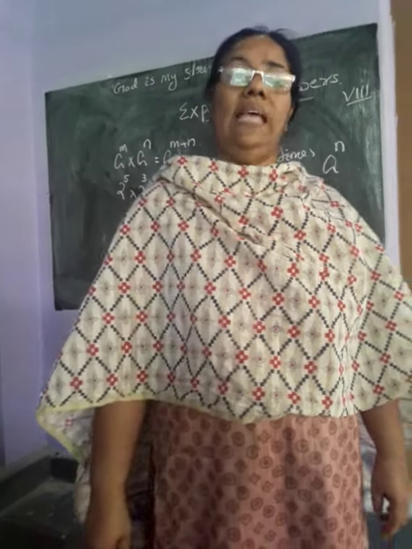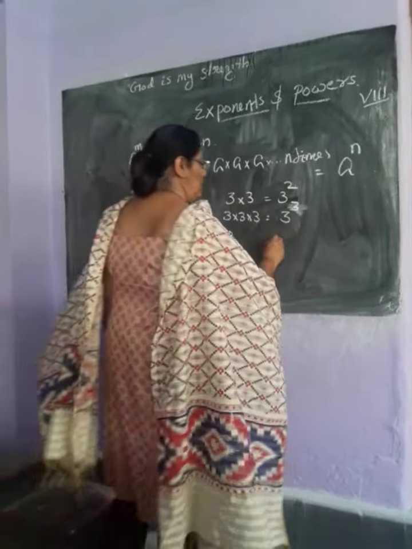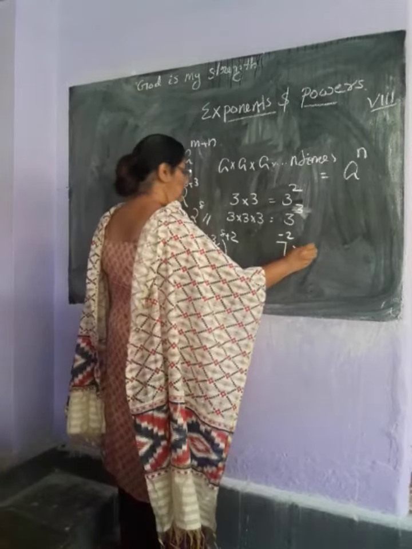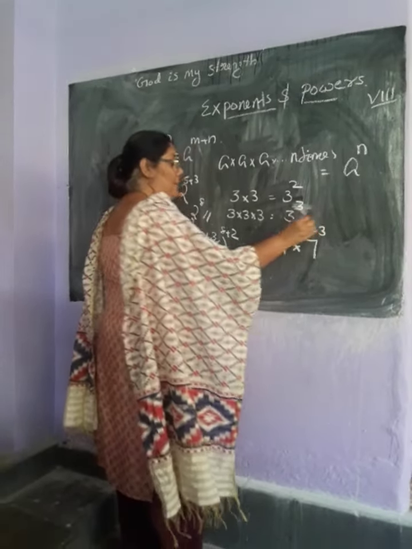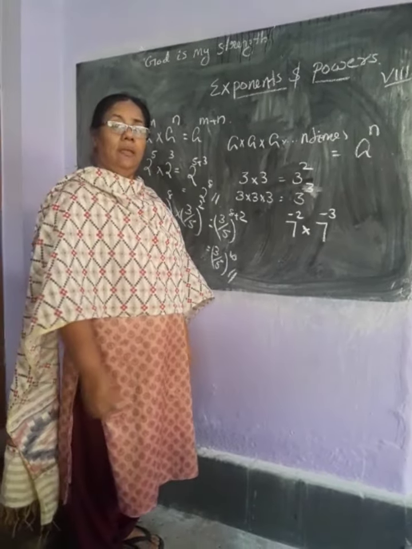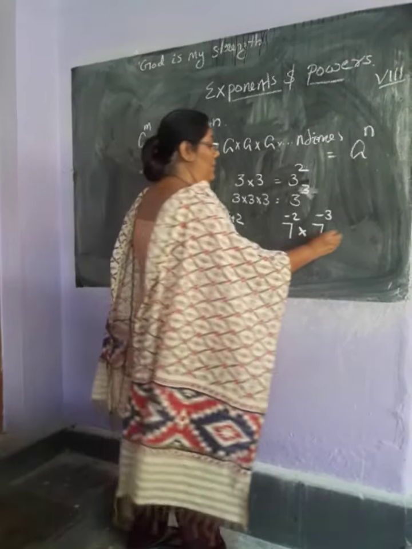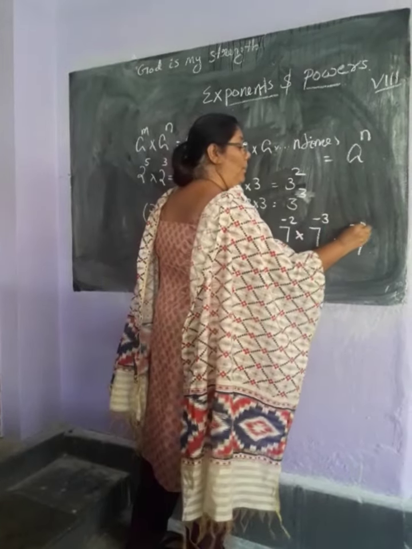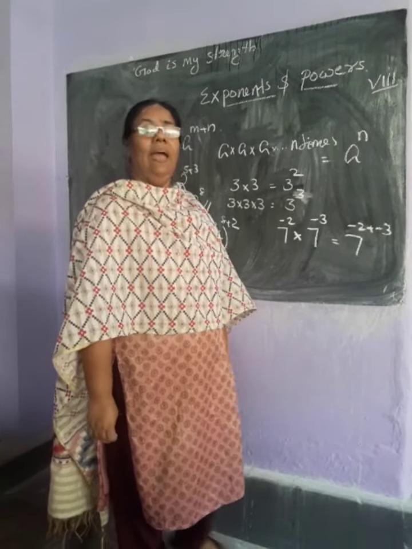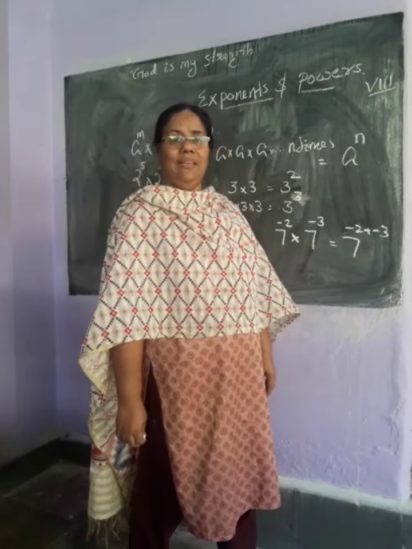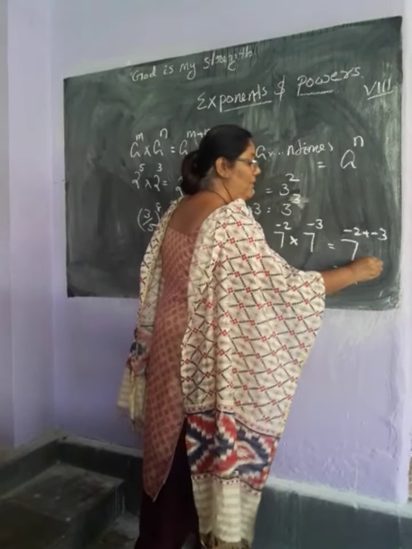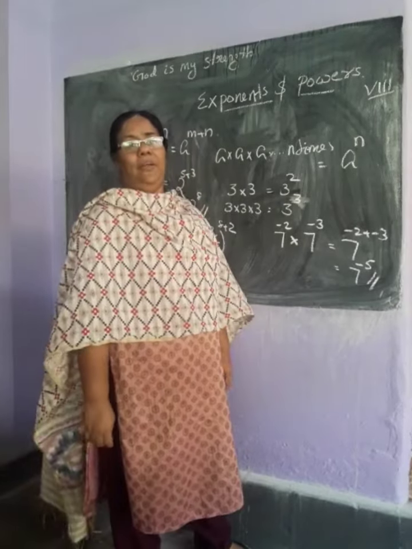Another one is 7 raised to minus 2 into 7 raised to minus 3. What's the answer? 7 raised to minus 2 plus minus 3. If both the numbers are negative, add and put the same sign, isn't it? Minus 2 plus minus 3, therefore the answer is 7 raised to minus 5.